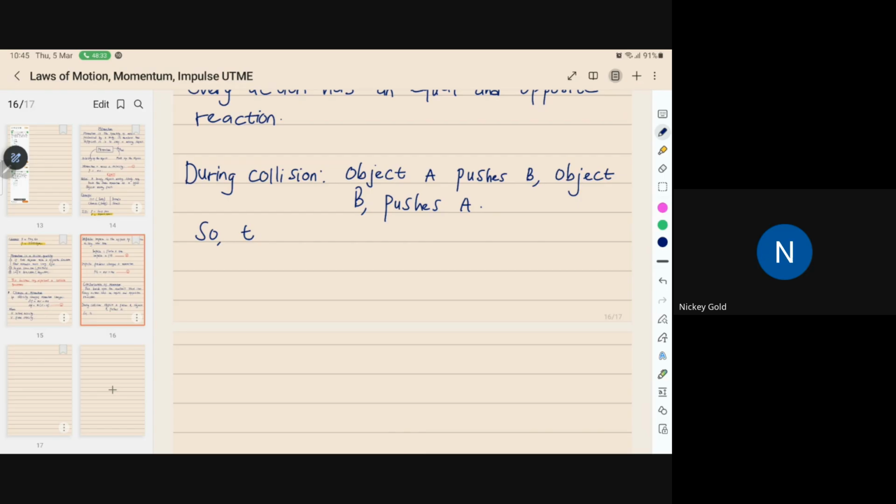I don't like writing, but this is what I'm doing so that you guys can still have this note and read. What does it take me to just go straight and solve a question and go my way? So the forces are equal and opposite.